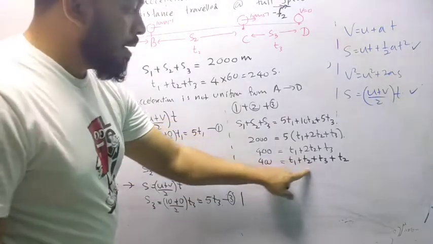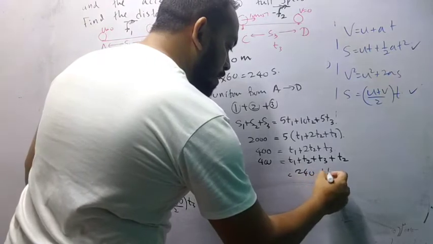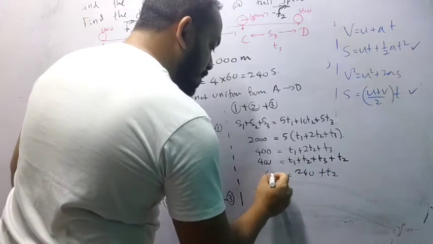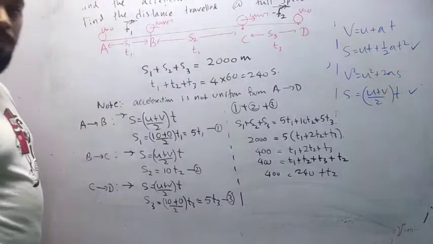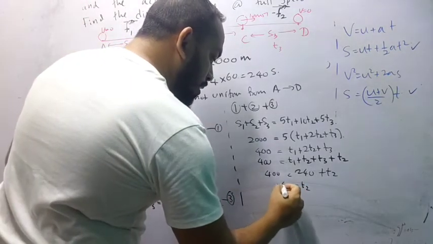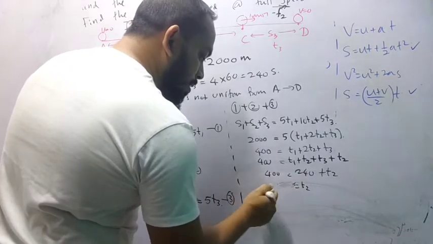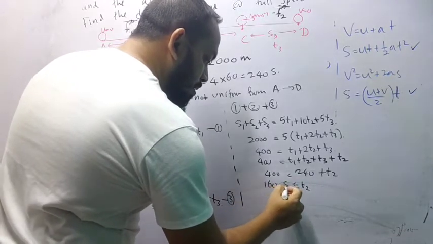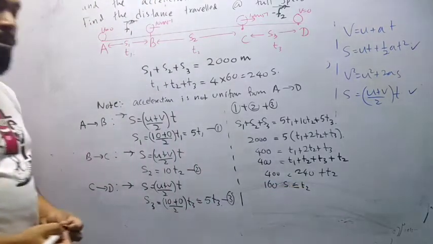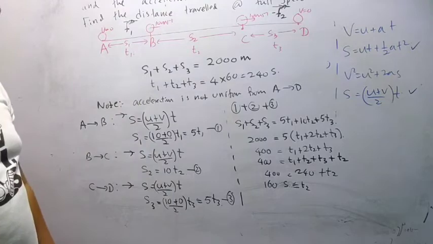Instead of T1 plus T2 plus T3 I can write 240, so 240 plus T2 equals 400. Then T2 is 160 seconds. They are asking us to find the distance traveled at full speed.